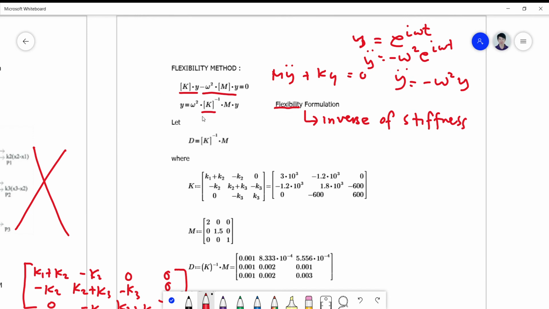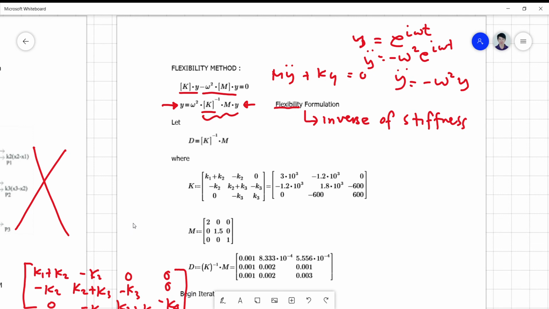So if we let this part here be equal to D, K to the negative 1 M, and make an iterative solution in the form of a method of false position, wherein y is actually equivalent to y, you assume a value of y, then you check if the value of y will match the first iteration, then second iteration, third, fourth, until y here becomes equal to y on the other side.